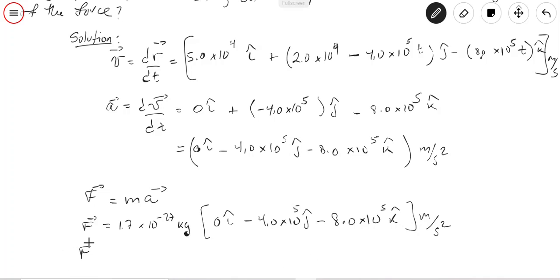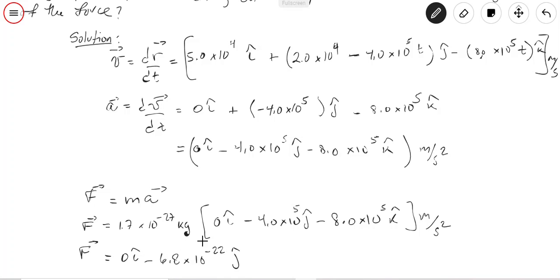So now we know that the vector force, when we multiply, should be 0i, then 1.7 times negative 4 is negative 6.8, and 10 to the negative 27 times 10 to the fifth is 10 to the negative 22 j.